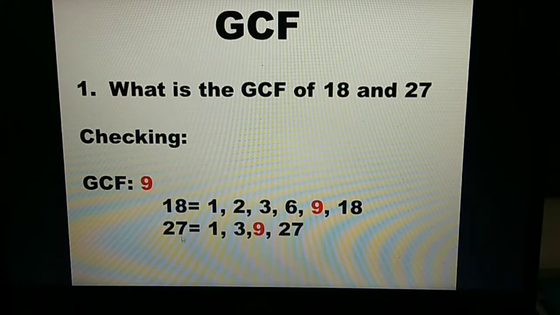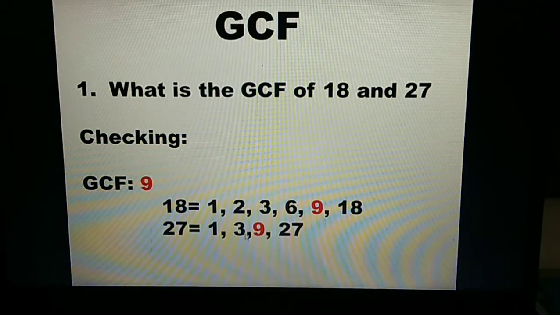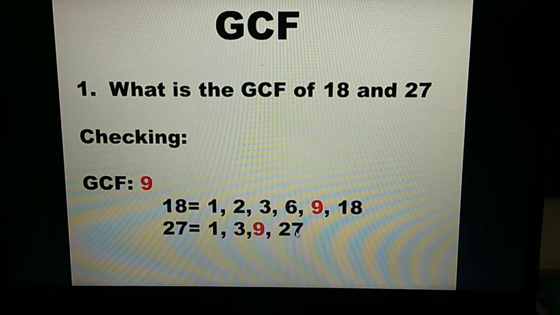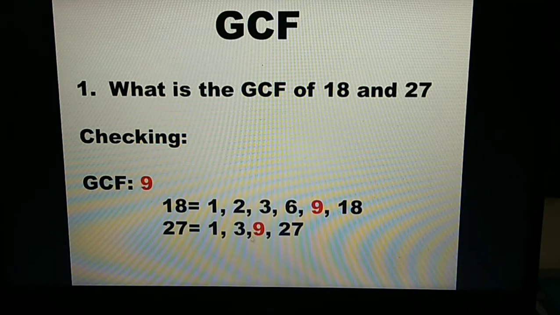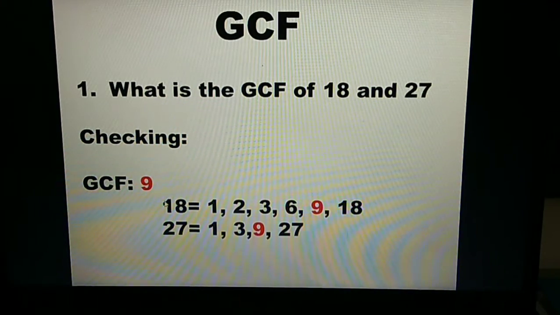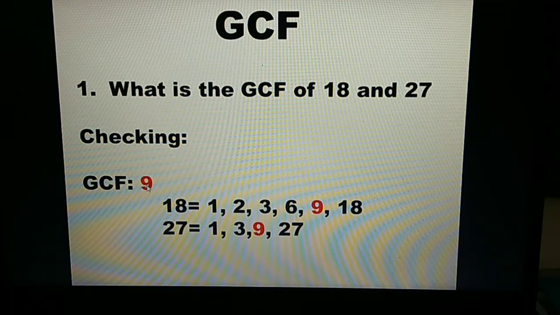And the factors of 27, we have 1, 3, 9, and 27. So as what you can see, the greatest common factor in the listed numbers here is 9. Ayan, naka-red. Ibig sabihin, our answer in the continuous division method, wherein the GCF is 9, is really correct.